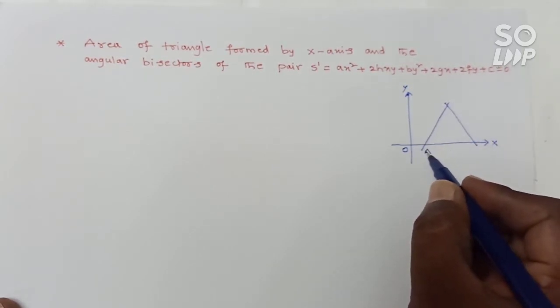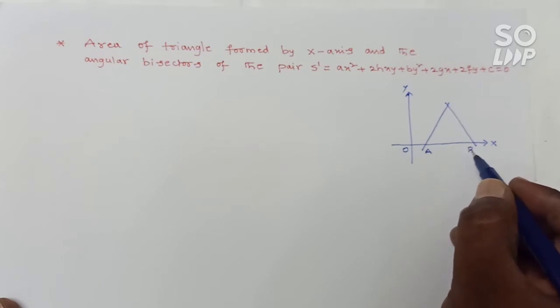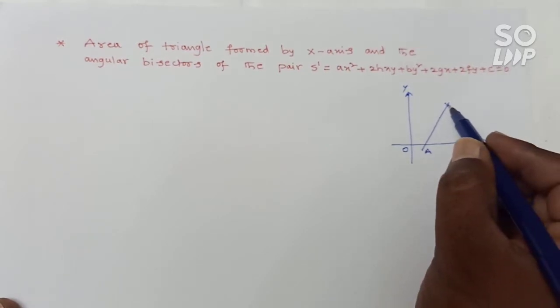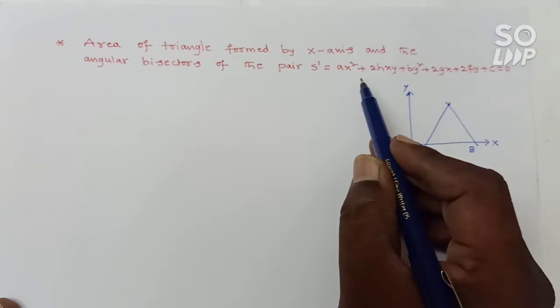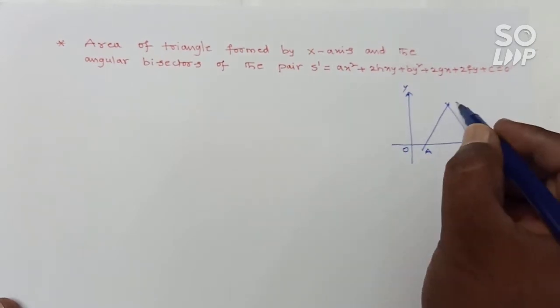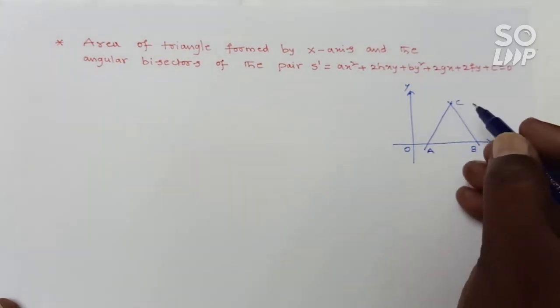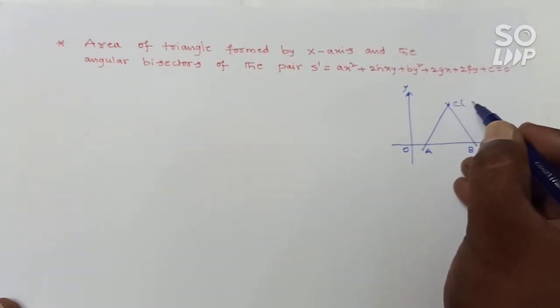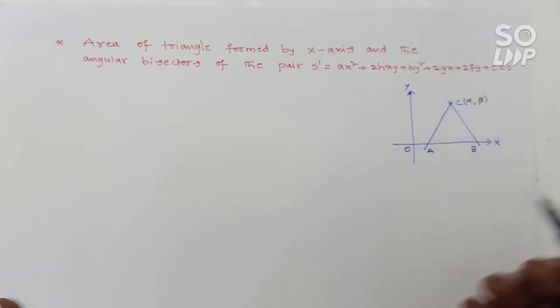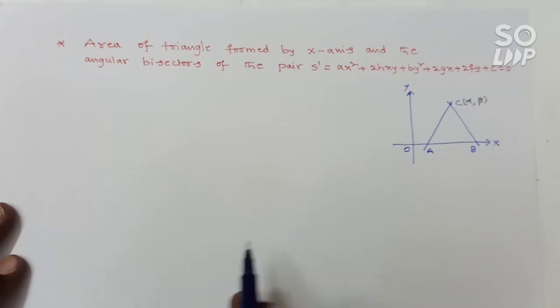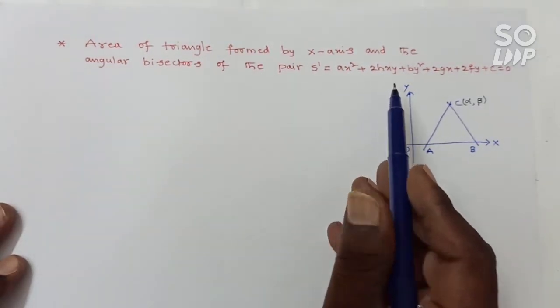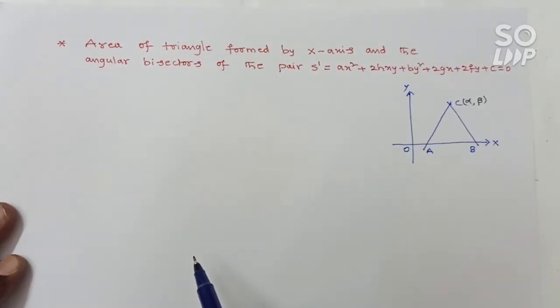Let this point be A and this point be B. This one is the point of intersection of the pair of lines. This one is C. So take this point as (alpha, beta). What is meant by (alpha, beta)? The point of intersection of S' = 0.